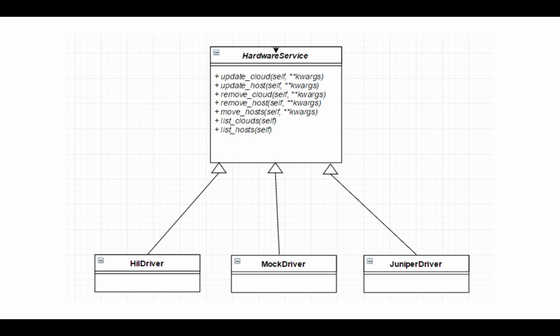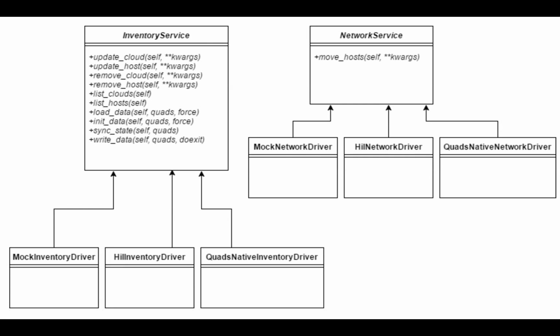As we were doing this, we realized that we were trying to solve two problems. On the one hand, we were trying to reconcile this inventory problem, which was the fact that both applications were storing their own inventory in different ways. And if we were going to put them together, if we didn't address this, we would end up having all this duplicate data, which we did not want.